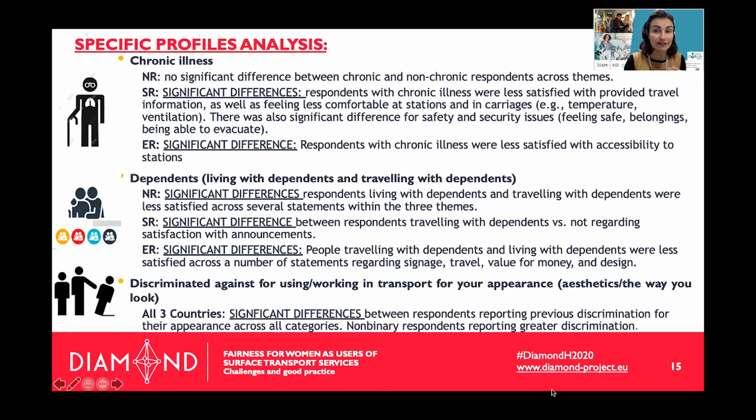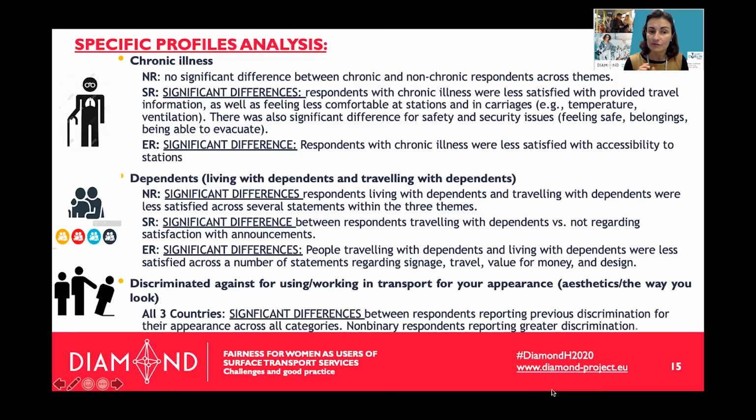Plus, it's interesting to look at other demographic characteristics like people with chronic illnesses. For instance, in the Eastern European sample, we found that responders with chronic illness were less satisfied with the accessibility of the station and the services of the station. People traveling independently, we found significant differences in the Northern European sample across several statements within the three themes of capability and meeting needs, accessibility, and safety and security.